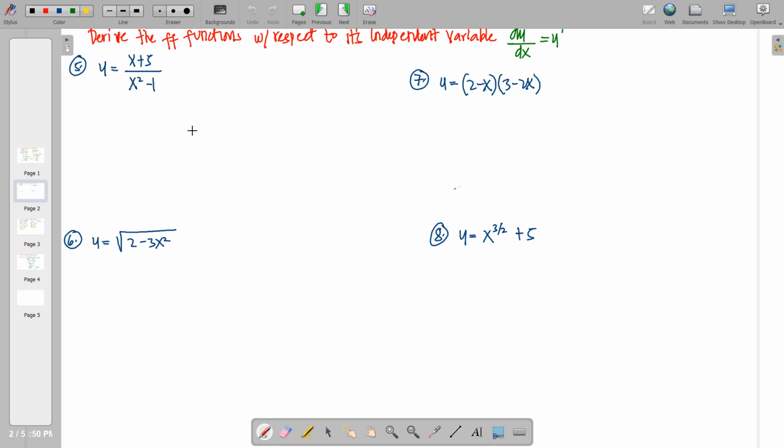Moving on to the second set of problems. For the fifth problem, a while ago we have a quotient differentiation. So this is the derivative of u all over v. Again, this is v du minus u dv over v squared.